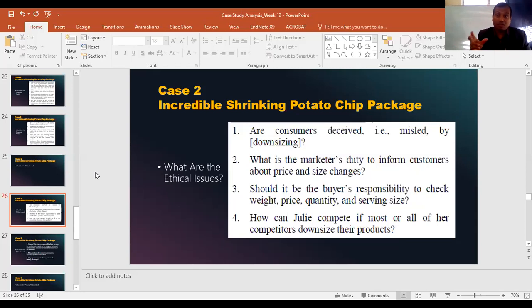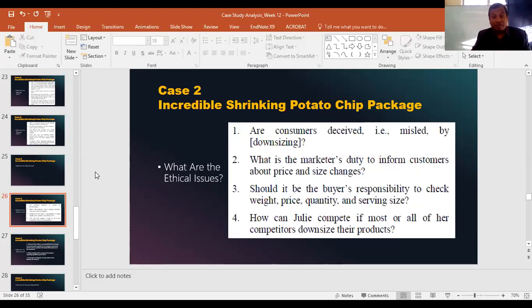Point three: should it be the buyer's responsibility to check weight, price, quantity, and serving size, putting everything on the buyer's side? That he is responsible. Before buying, he has to look at all this information, not the firm.